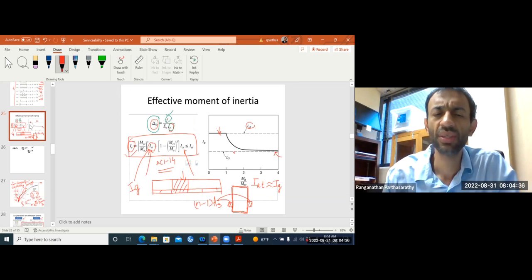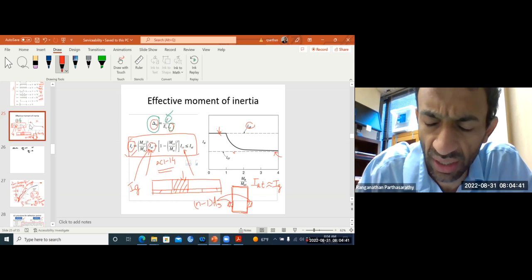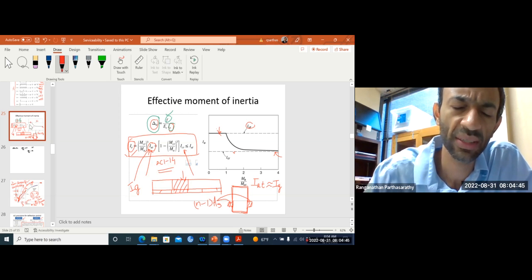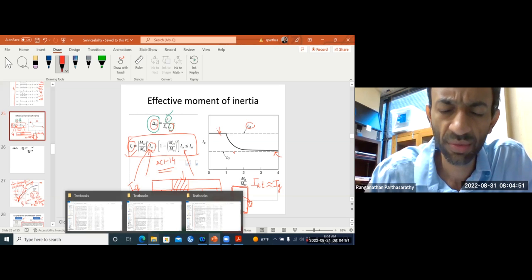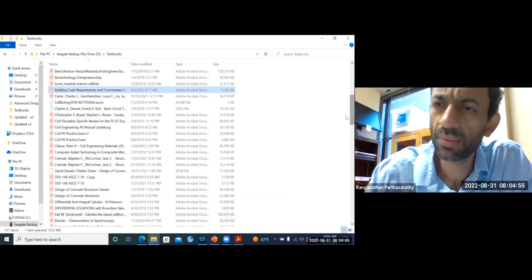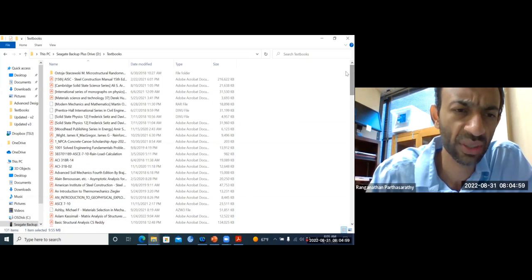Okay, so here you see that, now one point to mention is that even though for the class we will be following mostly the ACI 318 2019 code, the 2014 code is still very much adopted and still being used in the industry.